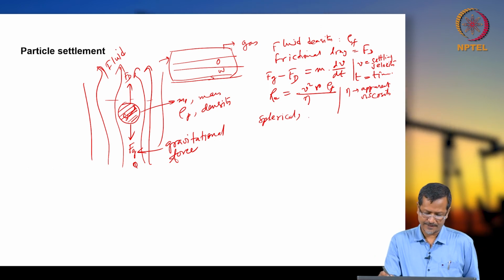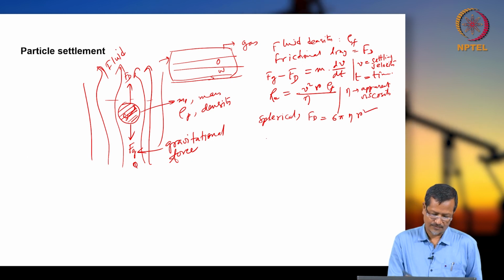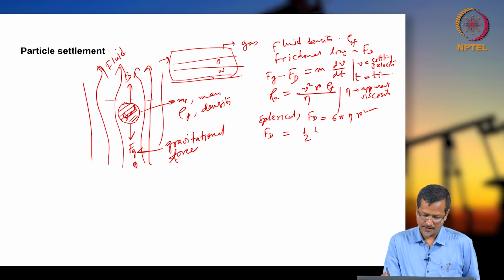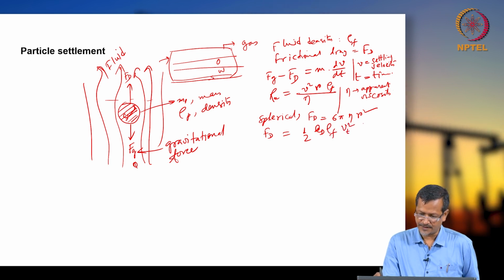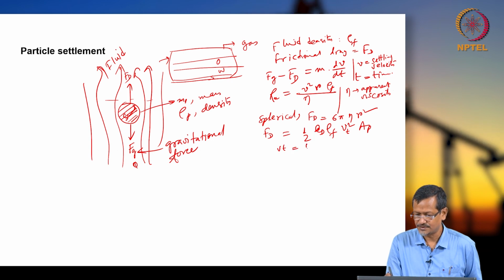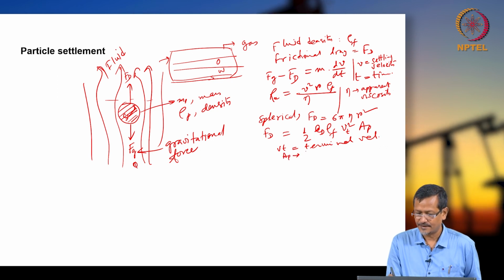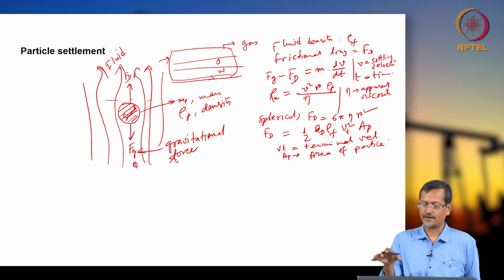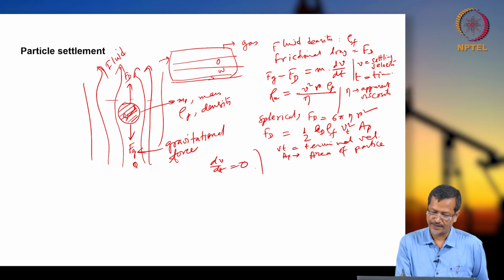For a spherical particle, the frictional drag Fd equals 6 pi eta r v, or half CD rho f Vt squared AP, where CD is the drag coefficient, Vt is the terminal velocity, and AP is the projected area of the particle. Now dv/dt equals 0 when acceleration is 0.